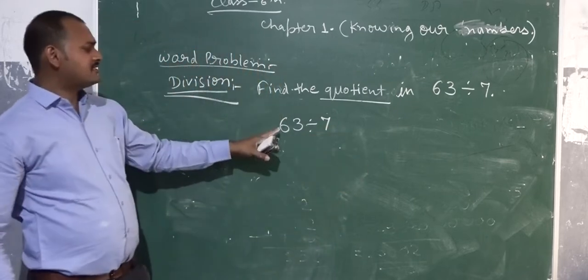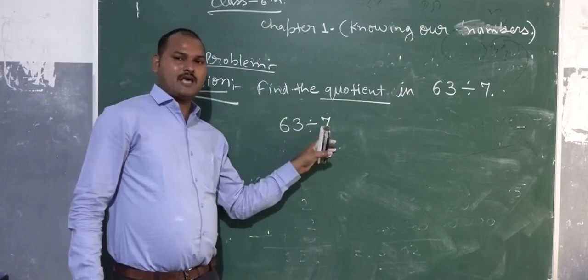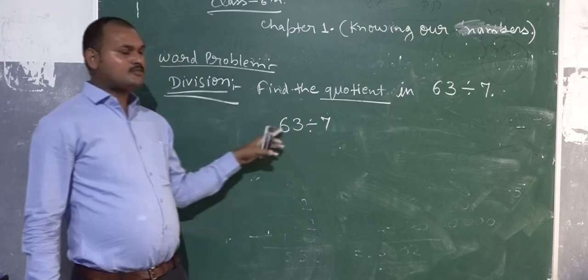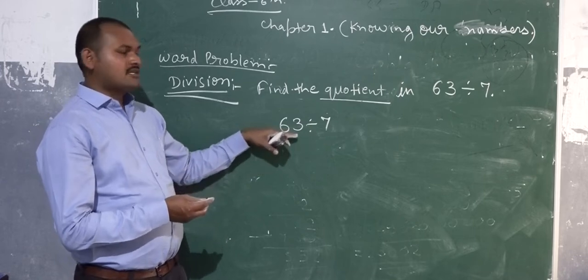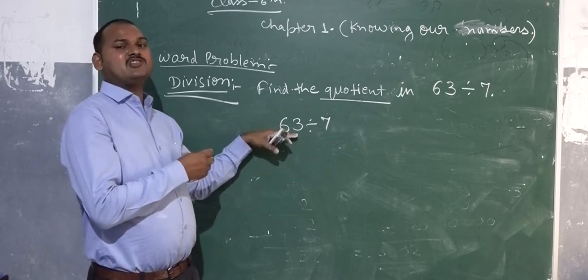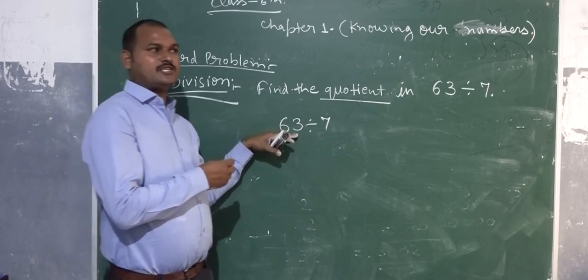The meaning is we read the table of 7. How many times? We don't know. We read, but how much? Until it is less than or equal to 63.